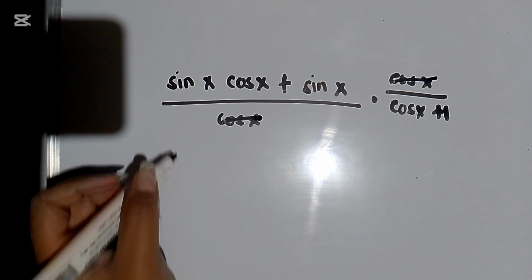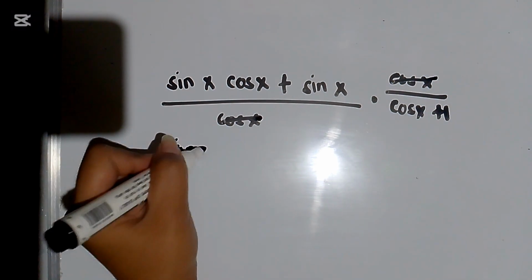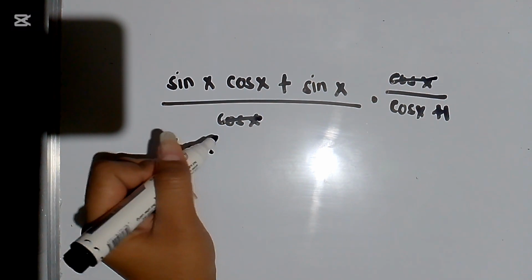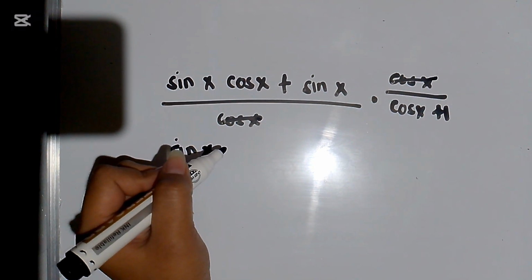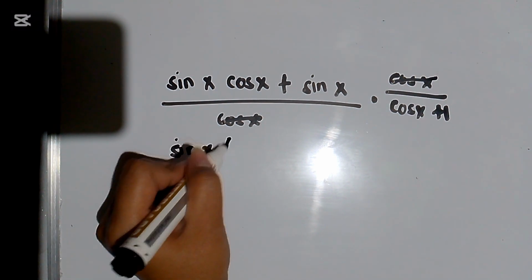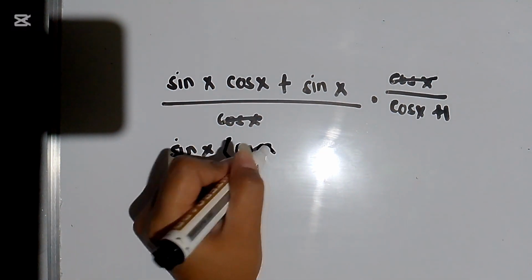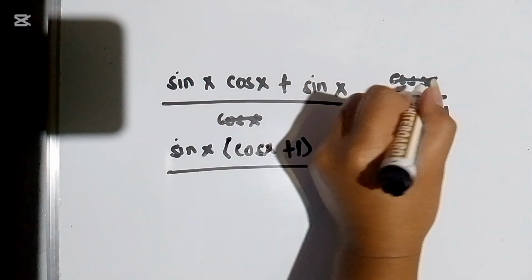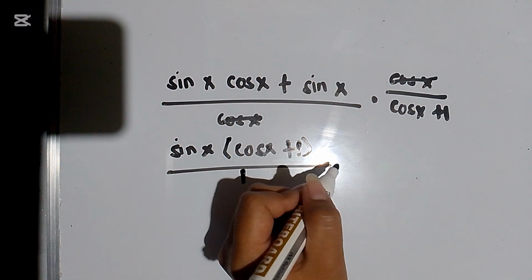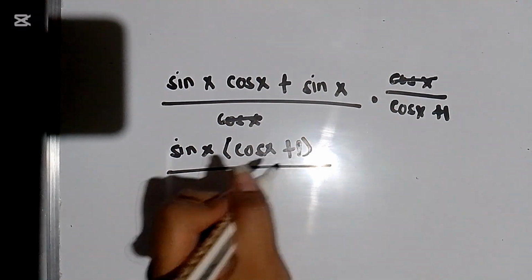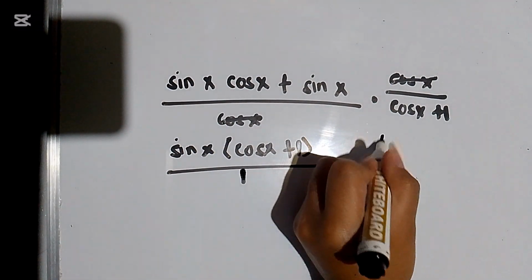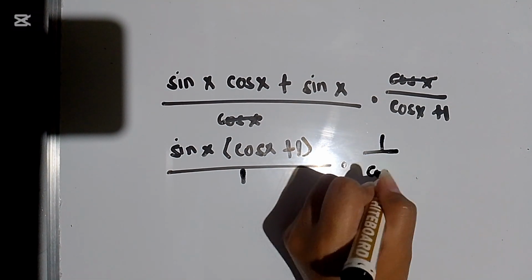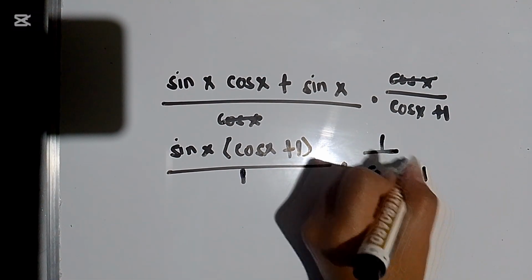So this is going to be sin x (cos x + 1) over cos, which is going to be 1, multiplied by 1 over (cos x + 1).